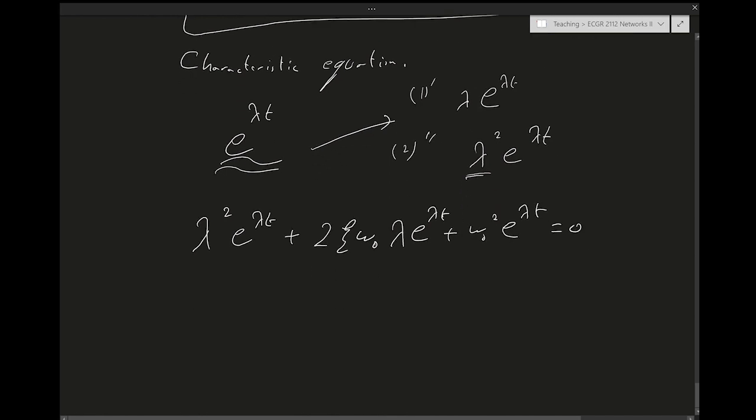I can take the e to the lambda t out: lambda squared plus 2 zeta omega naught lambda plus omega naught squared, times e to the lambda t, equals 0.